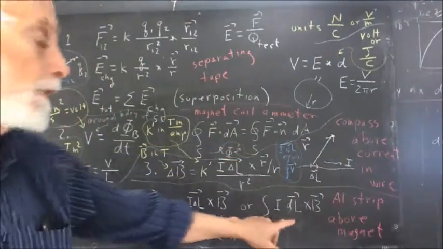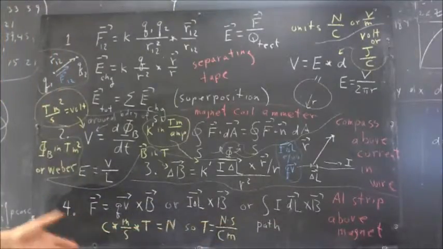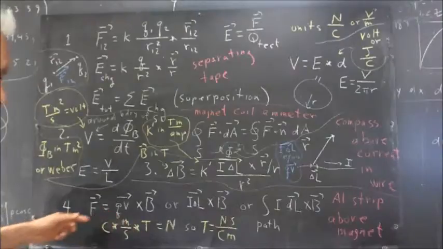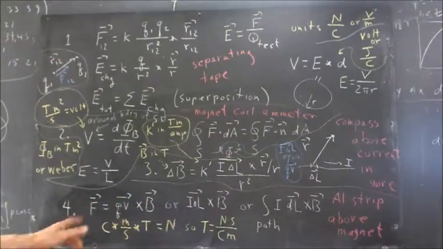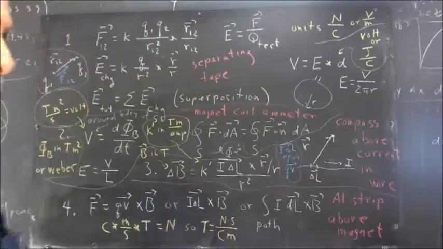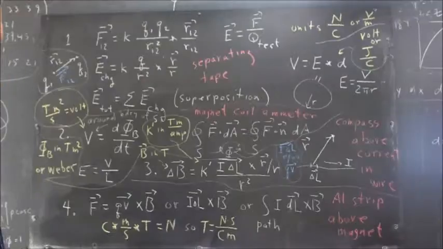This is the basis for the interaction of a loop with a magnetic field. The idea of magnetic moment and so forth arises directly out of this. So we have a very simple law that leads to some fairly complicated integrals and some fairly deep analysis.